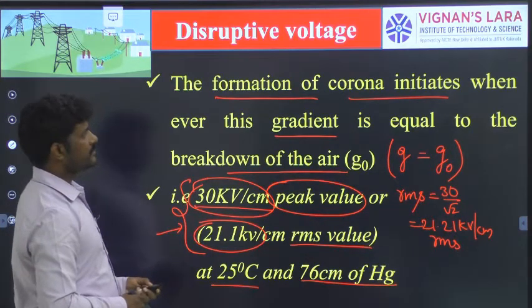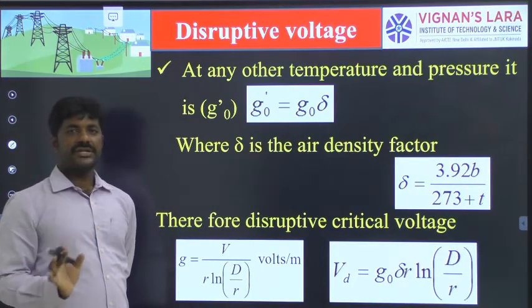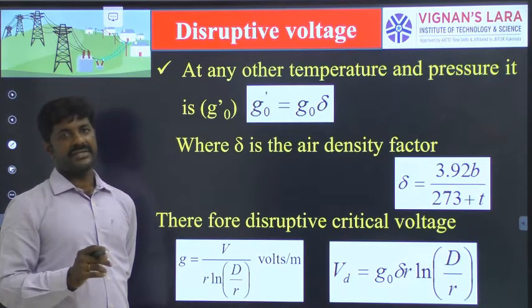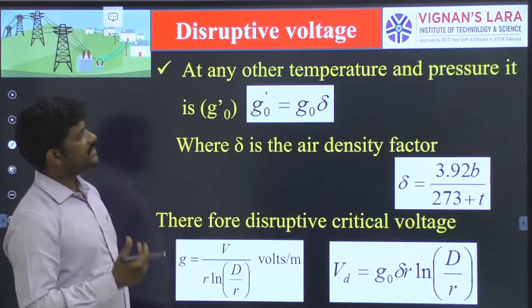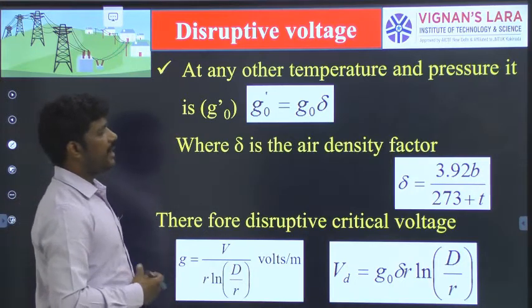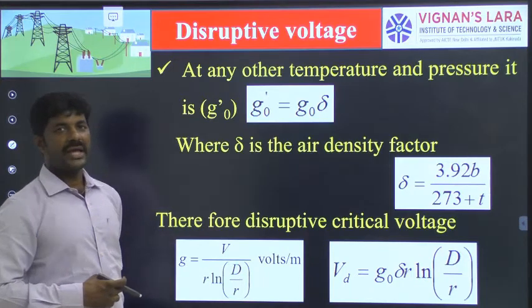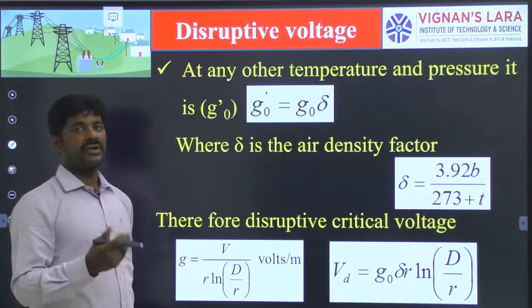Next, if the temperature and pressure are not at their standard values of 25 degrees centigrade and 76 centimeters of Hg, then a correction, the air density factor, is required to find the exact breakdown strength, or the gradient at which the corona starts.